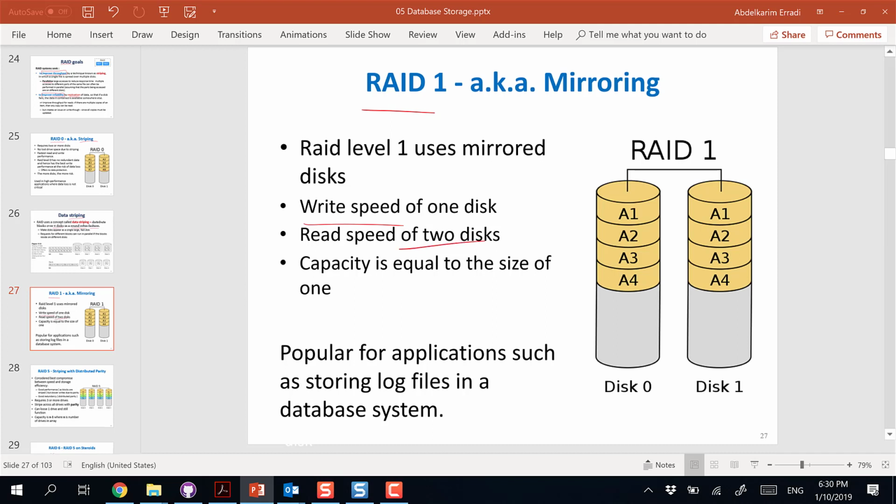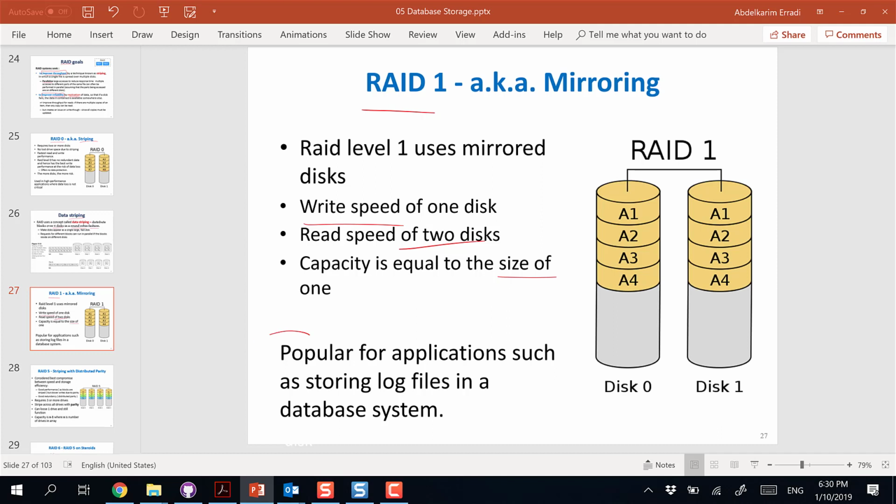You can read from any of the disks. If you have multiple queries, they can be served from different disks. So the read is improved, and the capacity is equal to the size of 1 disk, or to be more precise, to the size of the lowest one.